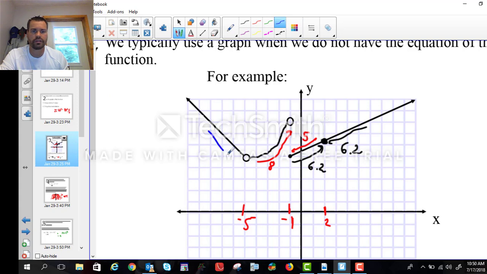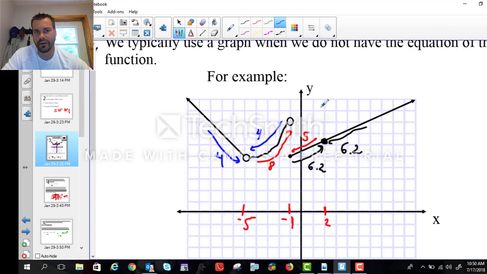As we get closer to -5 this way, it's going to 4. And as we come down towards -5 this way, it's approaching the same value. What's interesting about this point is the function doesn't exist. So there isn't an actual value for the function right there, because that hole is there. It's an open circle.